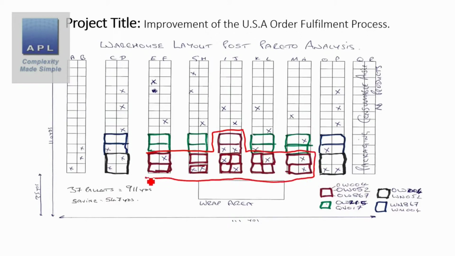But what they're going to do is the most commonly used item, look, is going to go in these areas. So there's still an element of choice. There's still an element of space being free to be used for different parts. But we're going to put the real fast movers dead center and front of the racking.